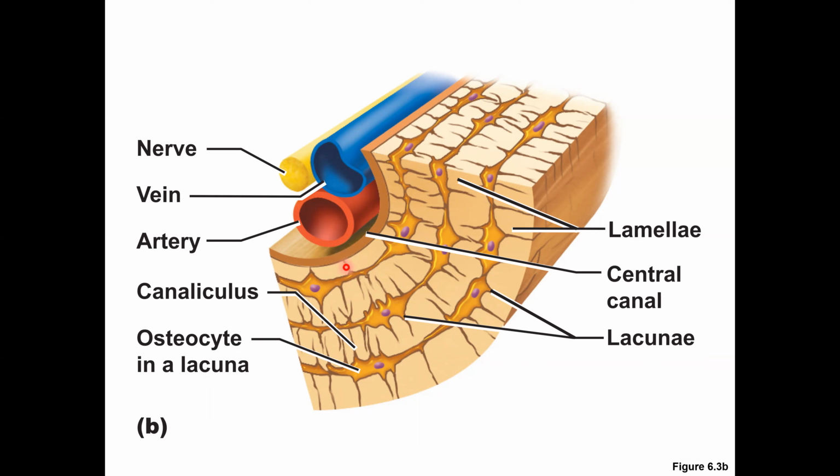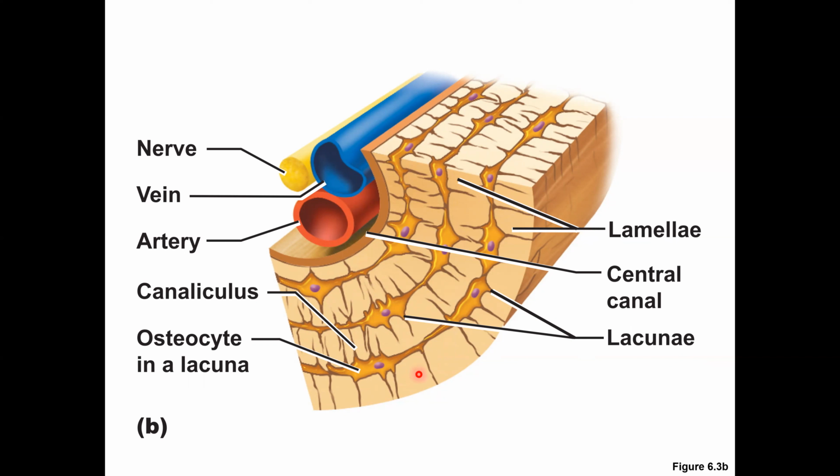So you see this hair-like structure, a little canaliculi. Oxygen and nutrients can go through these canaliculi to this cell, to that cell, to this cell, and so on. And the same is true for waste product. Waste product can go back through these canaliculi back to the vein.